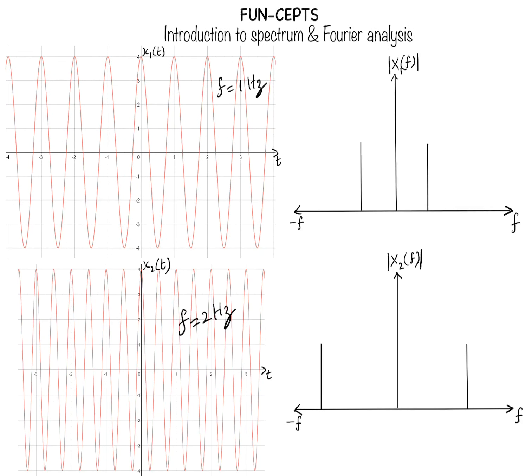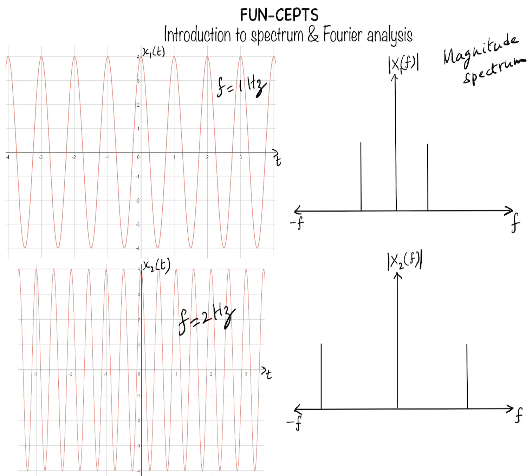Okay, coming back to these representations of the spectrum. So we are doing the magnitude spectrum. So these are nothing but magnitude spectra of these signals, since we have frequency on the x-axis and the magnitude of those signals on the y-axis.